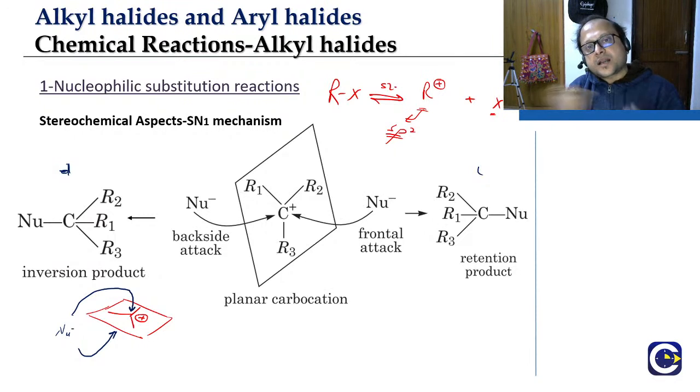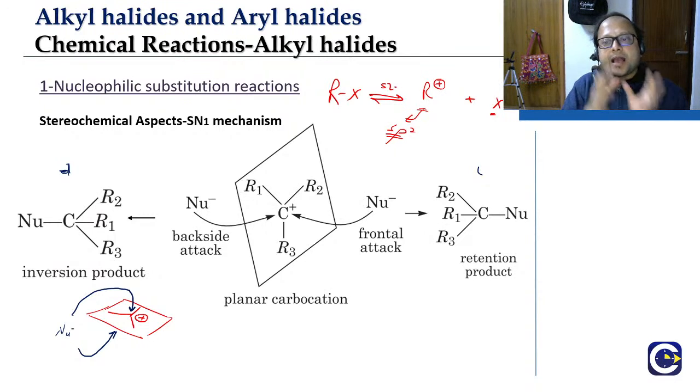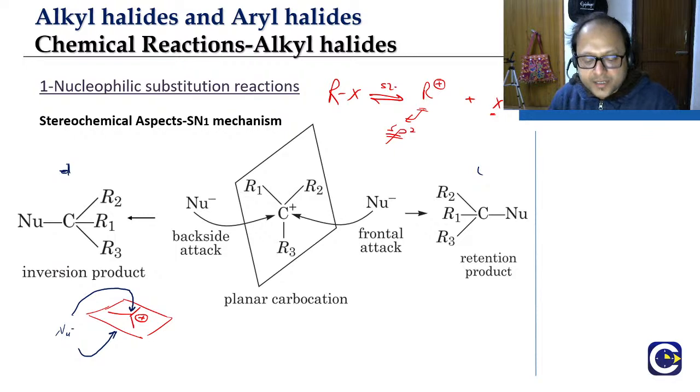You are going to get a racemic mixture, equal amounts of both product A and product B, right? I hope this part is clear.